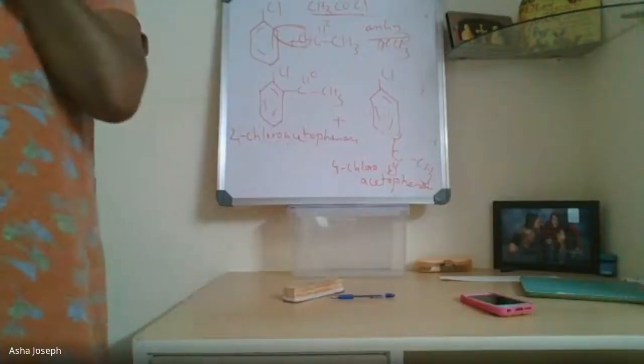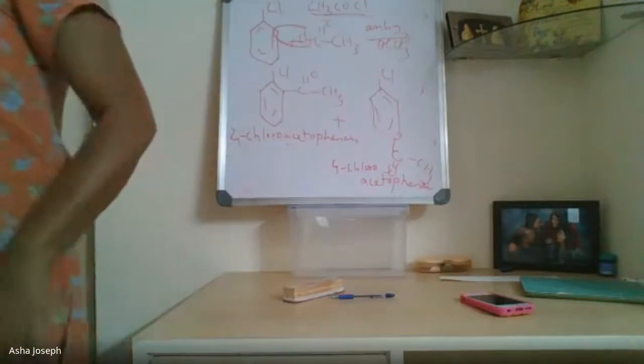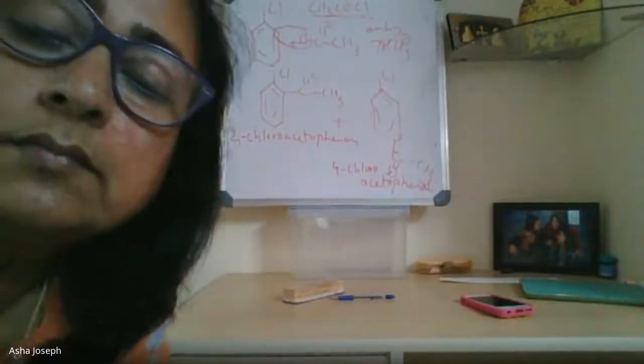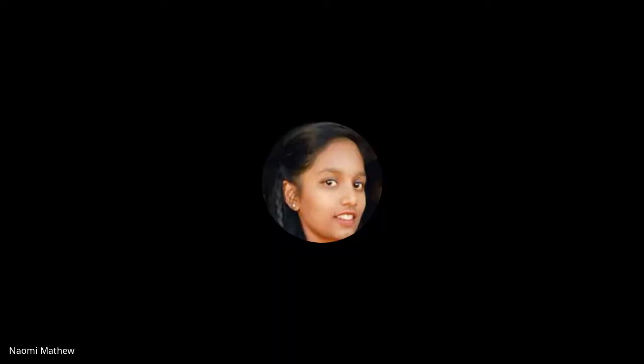I can, ma'am. Ma'am, what is that? Anhydrous? What is in the reaction? It is anhydrous. What have you written? That's not clear. Your voice is breaking. What is the doubt, ma'am?